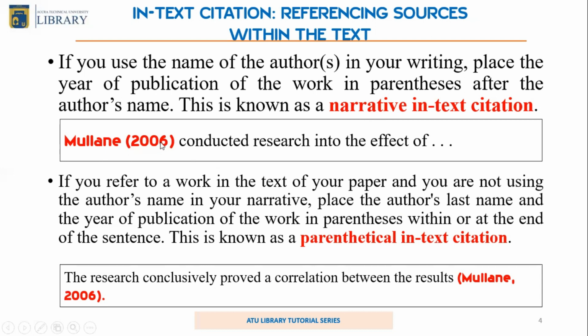So with what we have over here, you realize that in our second point, the name and the year of publication is placed at the end of the statement. The research conclusively proved a correlation between the results and from this particular author. Now, when the in-text citation is presented this way, that is when we call it the parenthetical in-text citation.